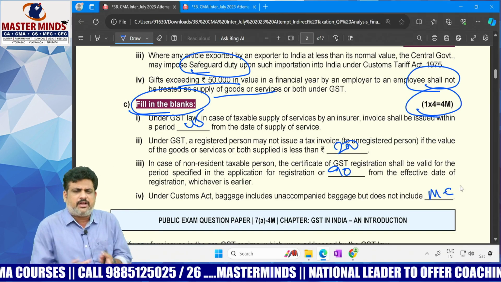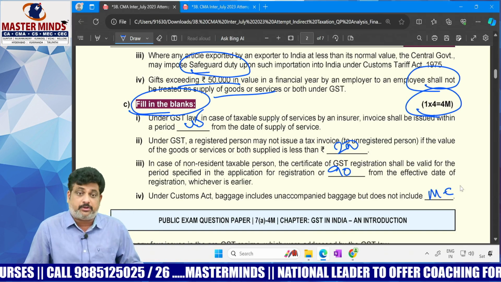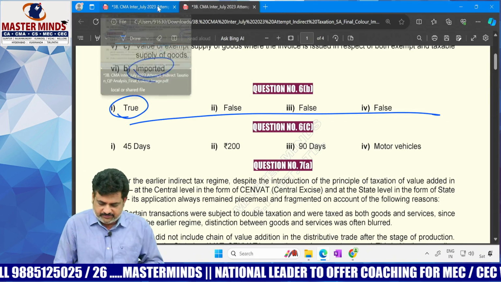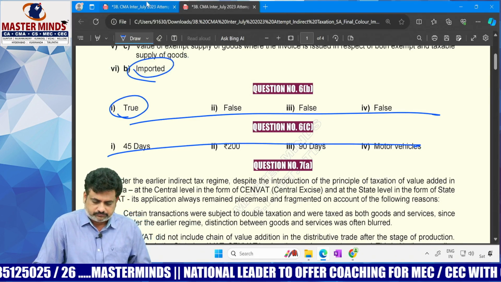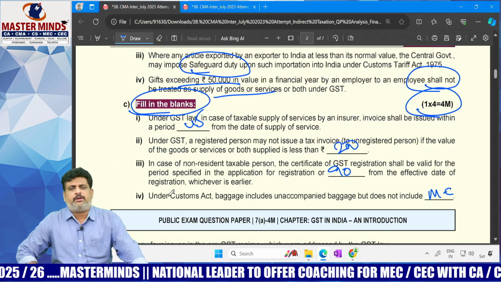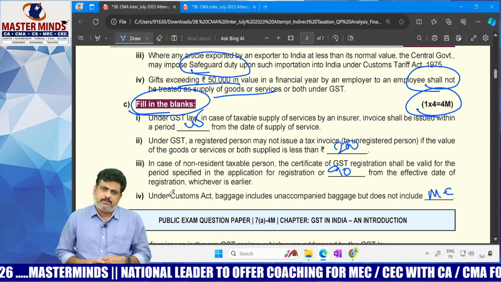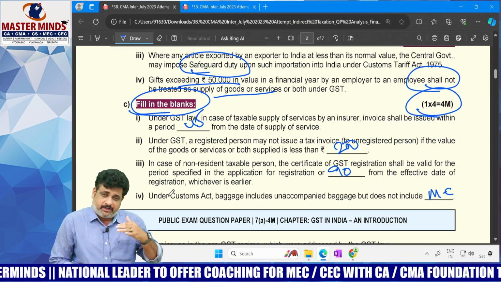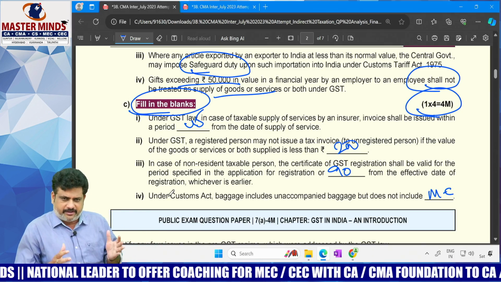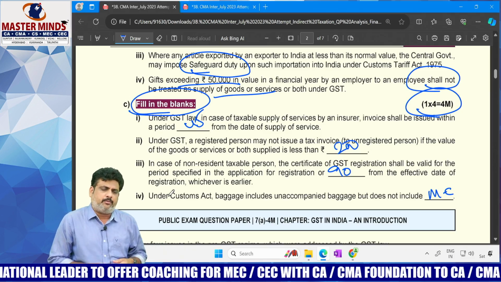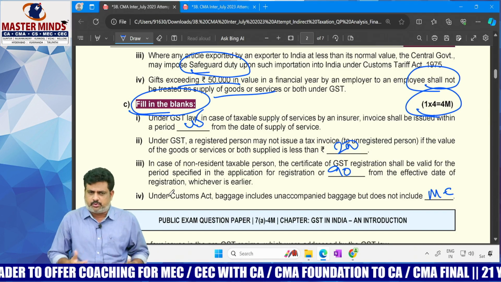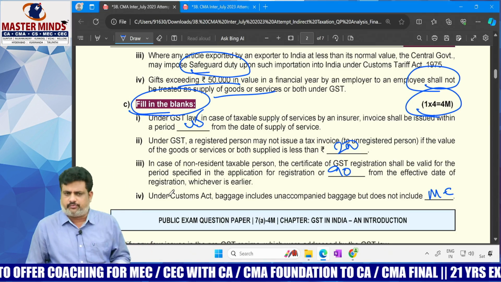Straightforward questions, nothing is difficult here with respect to the MCQs. See, these are the answers. So if you observe question number 1, what we can conclude is, if you have above average knowledge of indirect taxes, then definitely you are able to answer these questions. So definitely you can score a minimum of 10 to 12 out of 14.